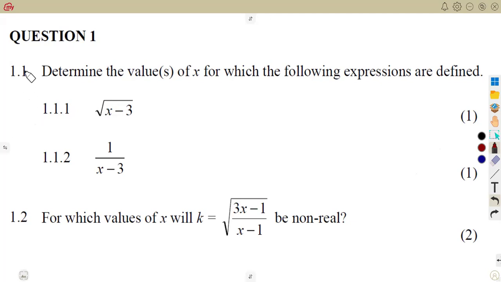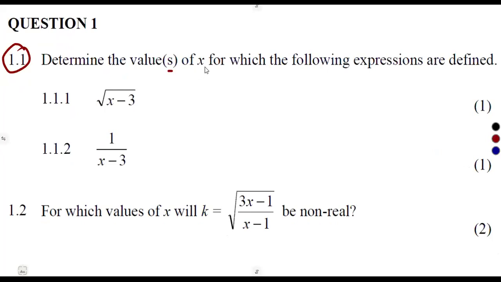So question number one, we were given here on 1.1, determine the value. So take note, they're saying we're supposed to determine the value or values of x for which the following expressions are defined.